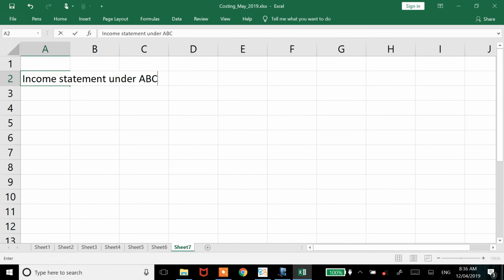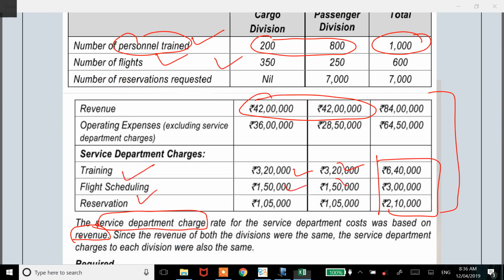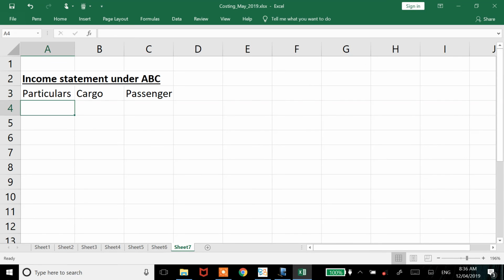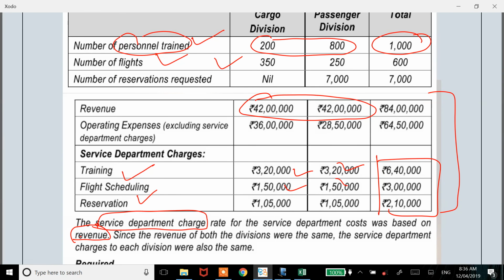Under ABC, particulars and two divisions, cargo and passenger. Now, be it traditional, be it ABC, they are not going to intervene if cost is directly allocated.